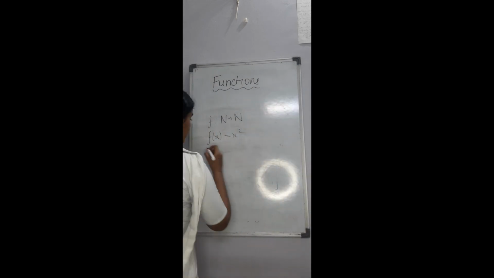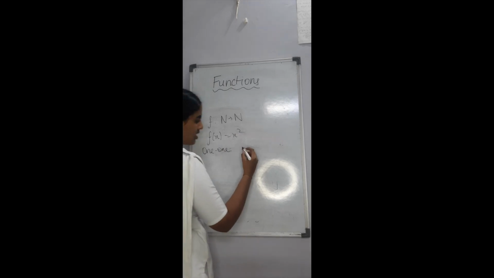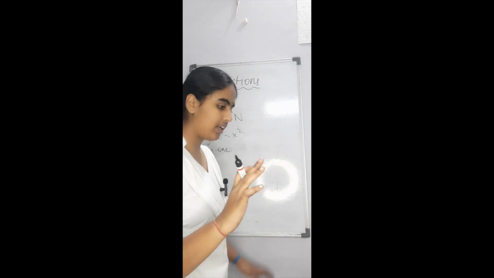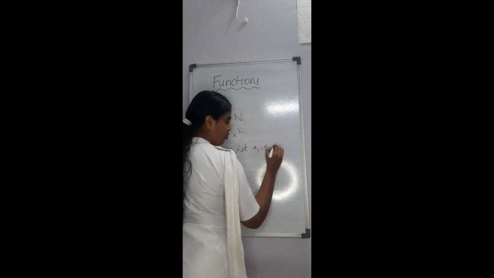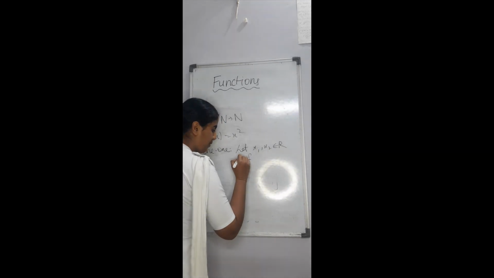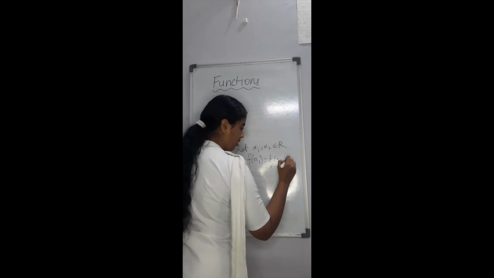So again we write our condition, which is 1-1. Then we check. Let us say, for this question, let x1, x2 belong to R. Now if they belong to R, then this implies that f(x1) equals f(x2).